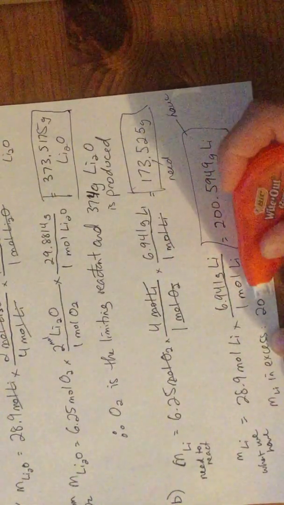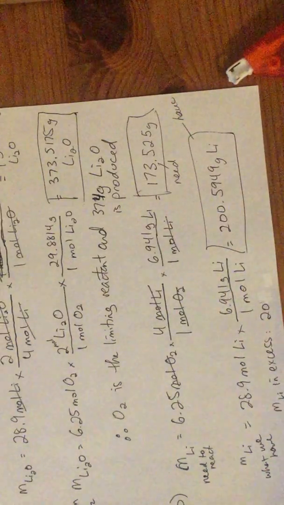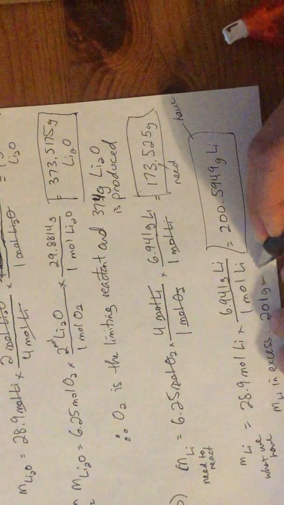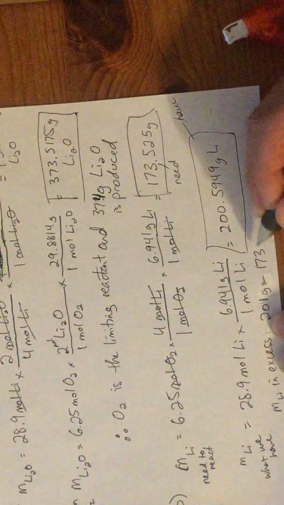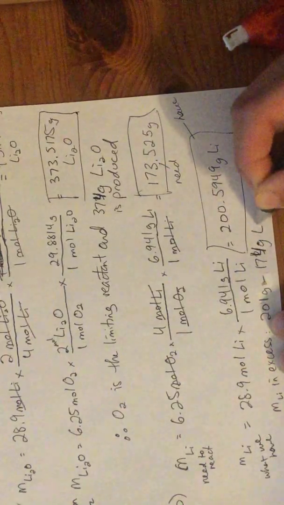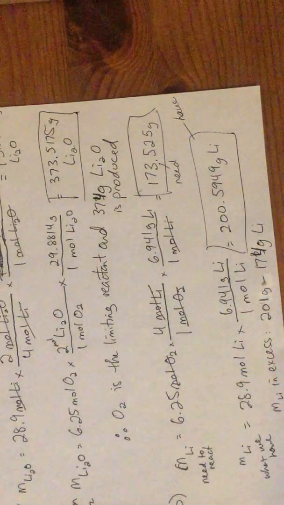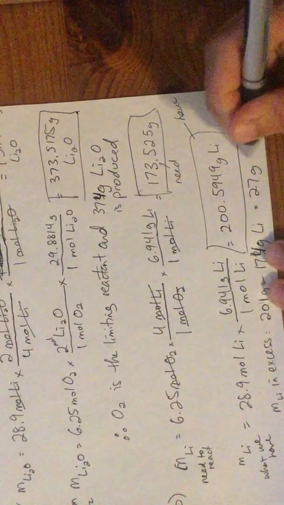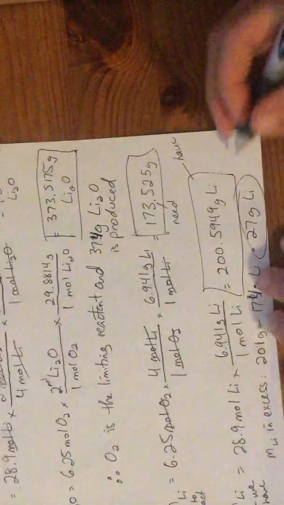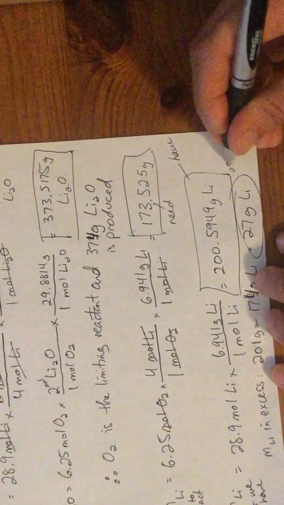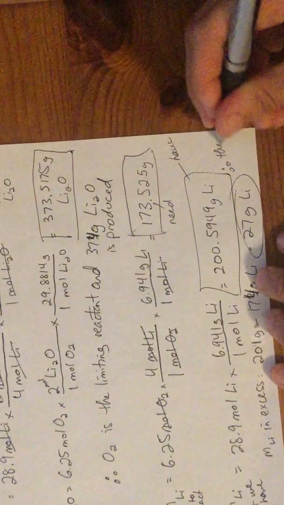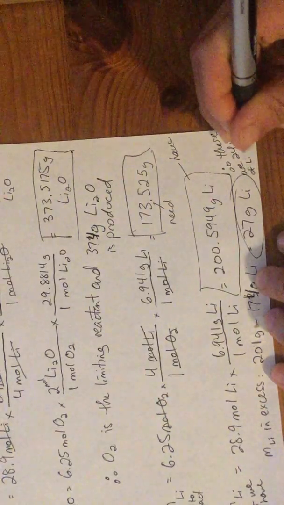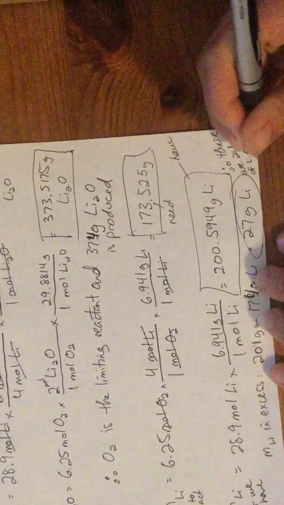I'm going to make this one 201 grams of lithium minus 174 grams of lithium, and that gives us 27 grams of lithium. So I'm running out a little bit of page here, but therefore there are 27 grams of lithium available, or in excess.